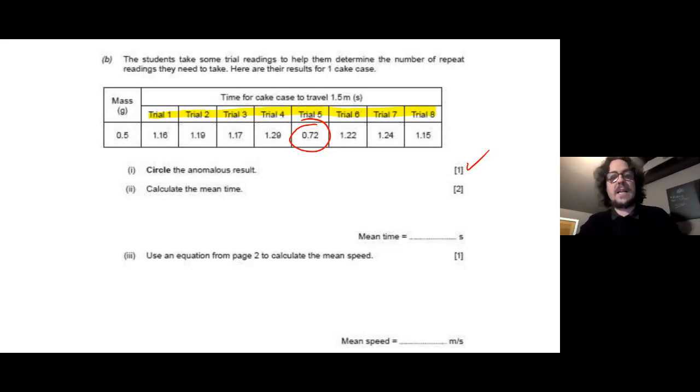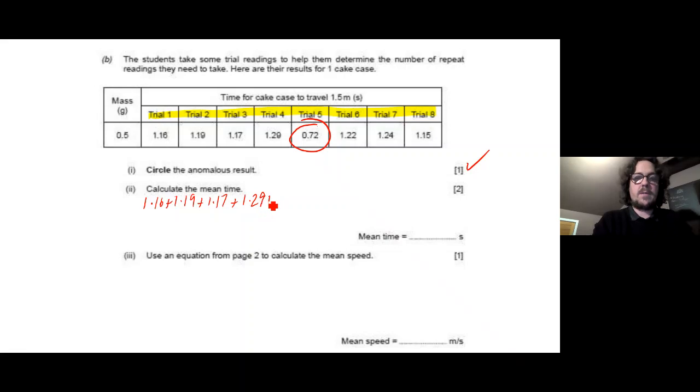Right, now the mean time, what do we need to do here? Well, we need to do 1.16 plus 1.19 plus 1.17 plus 1.29. Remember, we ignore the anomalous result.